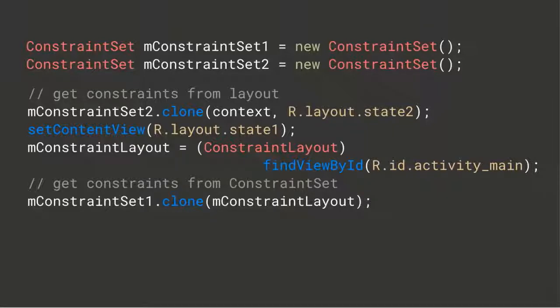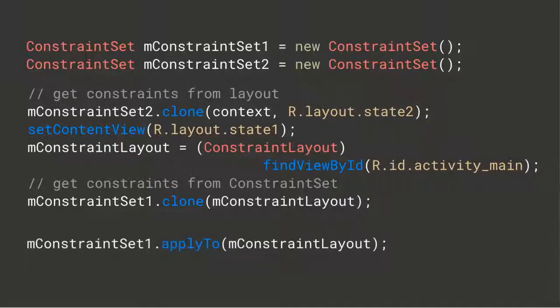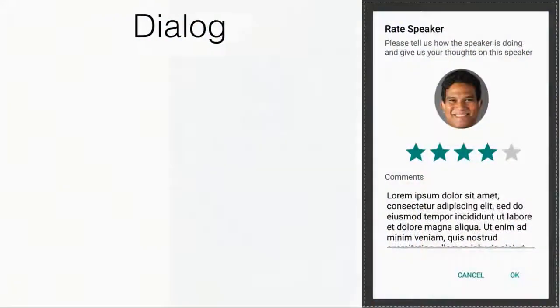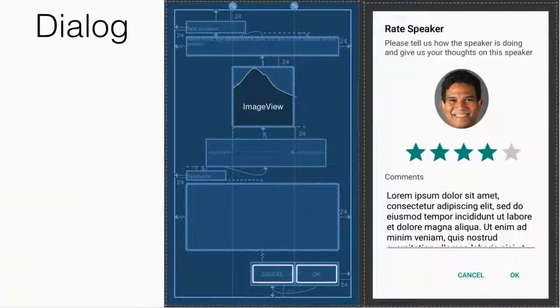Then I actually get that one and grab its constraint set in constraint set 2. Now, to switch between the two constraint sets, all I have to do is call the constraint set and apply it to the constraint layout. And that will allow me to switch. So I can produce lots of clever animations that way.